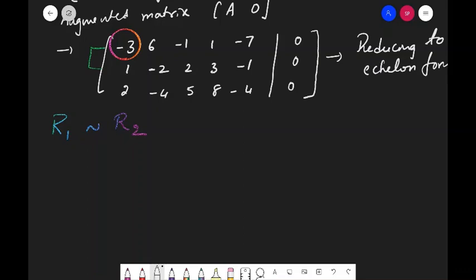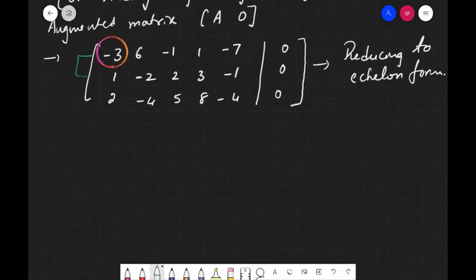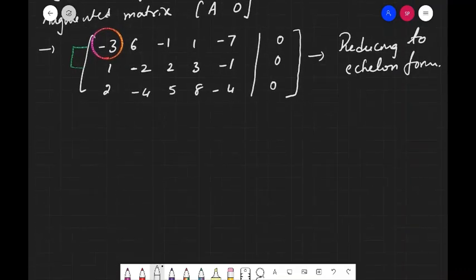Then I'll get the matrix as follows. So first we'll interchange the rows R2 and R1. So what is the transformation that we are applying? Interchange R1 with R2.